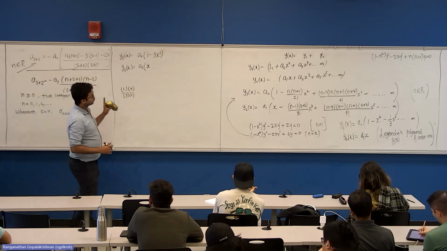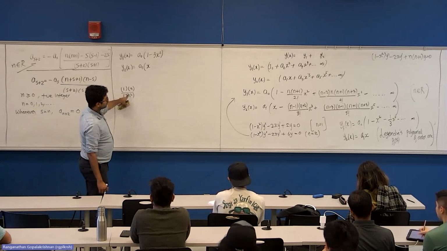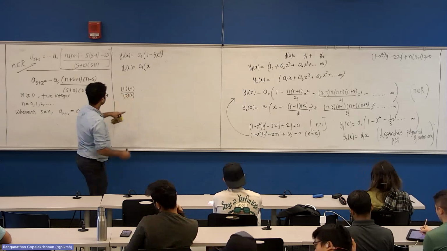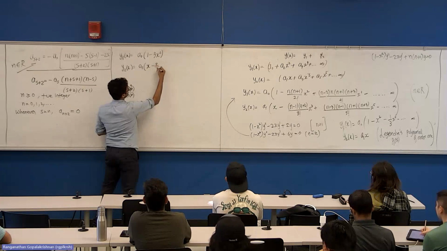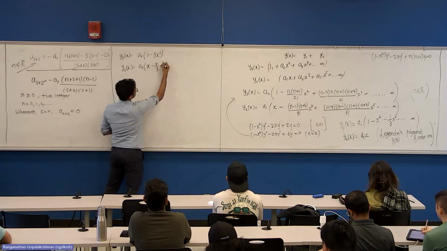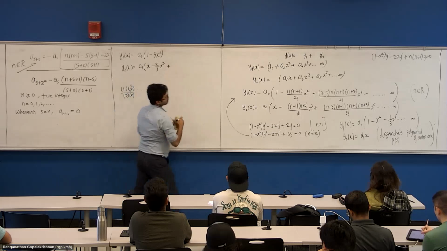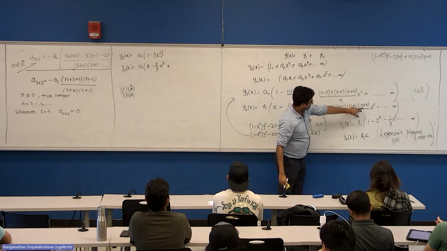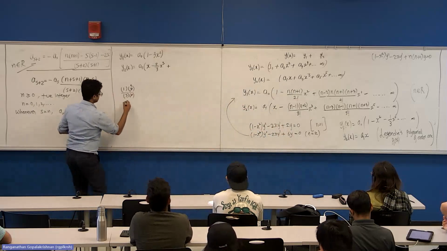N equals 2. So that will be 1 times 4 divided by 3 times 2, 2 by 3 x cube, and then plus, this is minus 1 plus 1, 3, 5. 15 divided by 5 factorial.